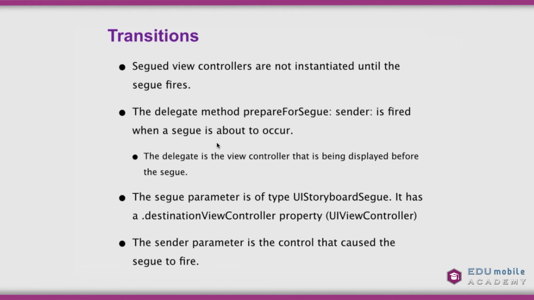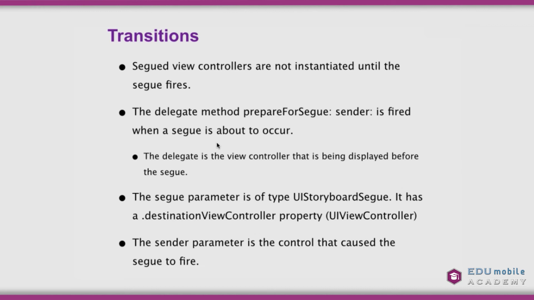Now, we have to cast this. In order to talk to that view controller, we will cast this to the actual type of the view controller, because that property comes across as a UIViewController instance. In other words, a vanilla view controller. We'll talk about all of that stuff when we need to do this.